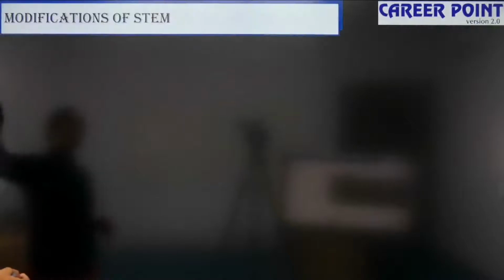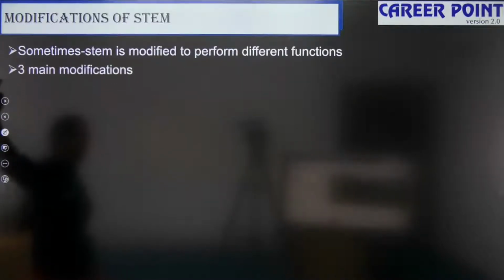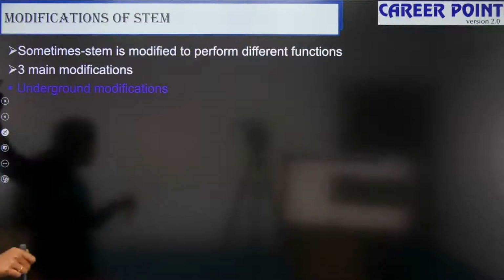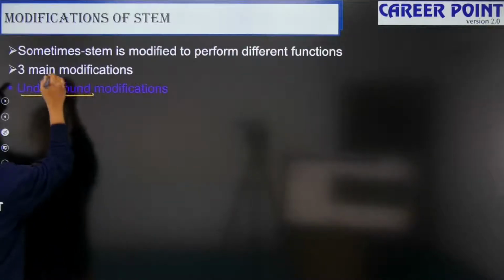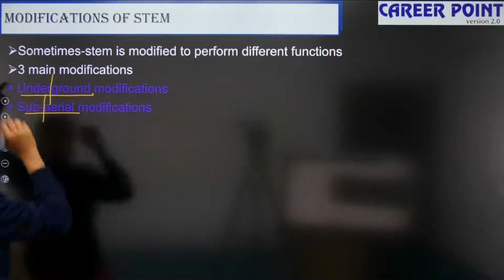The next is the stem, modifications of the stem. Sometimes a stem is also modified to perform different functions. You have three main modifications of the stem. The first is the underground modification. The next is the subaerial modification.